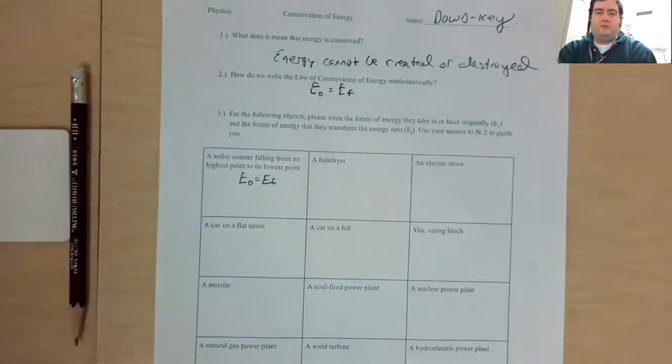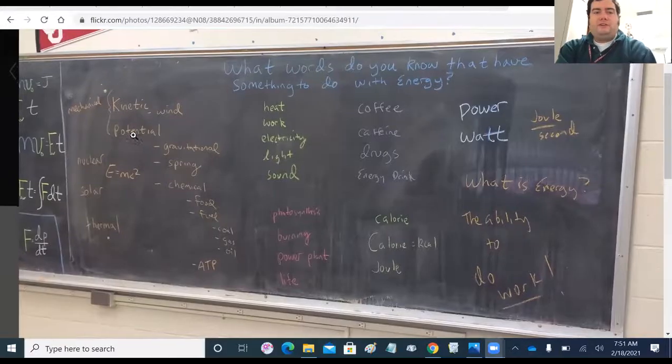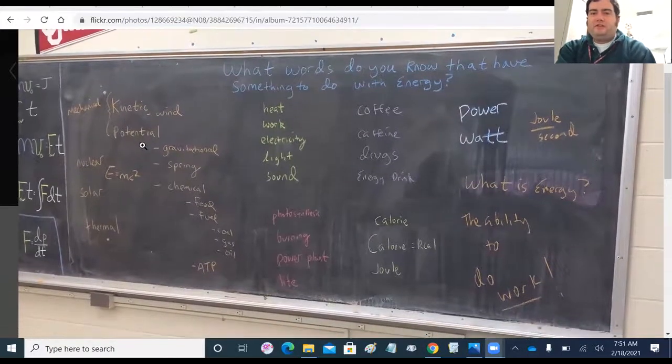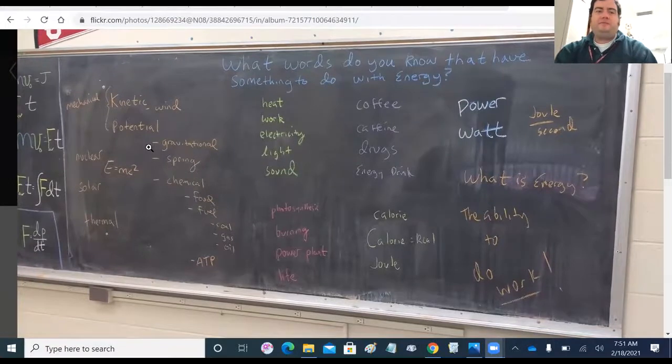We should look quickly at what we've identified as energy types. This was part of our initial energy discussion, which is probably different in every class. But here's what it looks like for a typical one. We've seen that there's energy of motion or kinetic energy. There's this idea of stored energy, potential energy, which could be the energy that's stored as you lift something up and make it go higher.